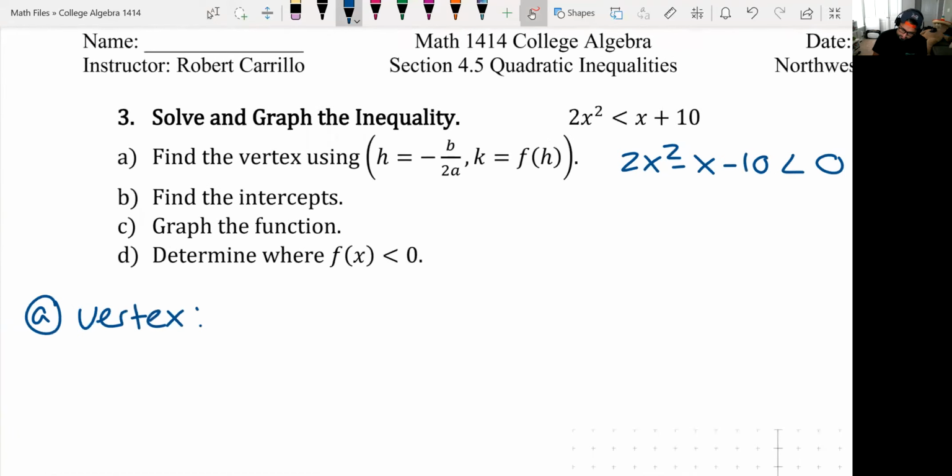Okay. So find the vertex. H is negative b over 2a. My b value here is negative 1. You get negative times negative 1 over 2 times my a value there of 2, which gives me 1/4.